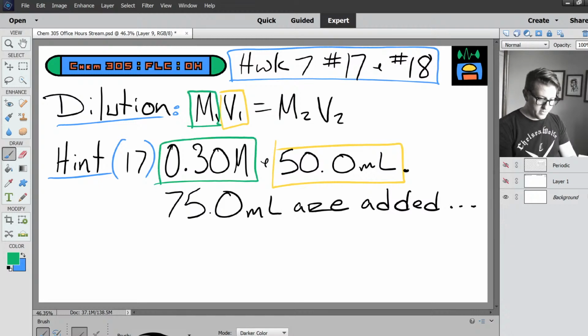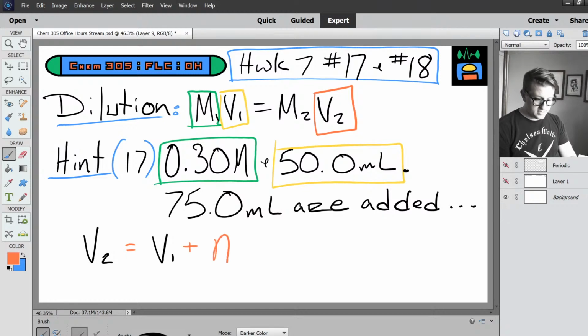This is M1. V2. V2 will equal V1 plus the added amount.